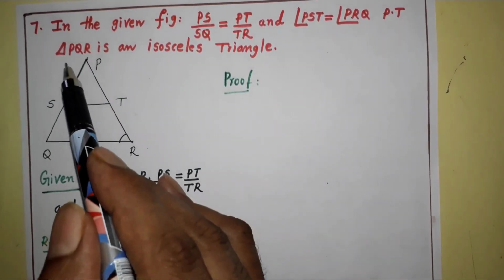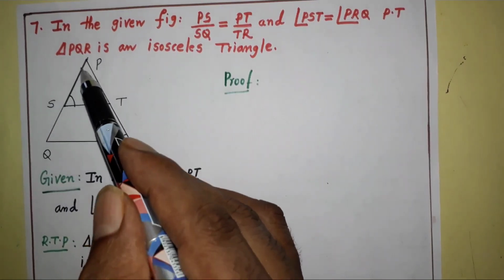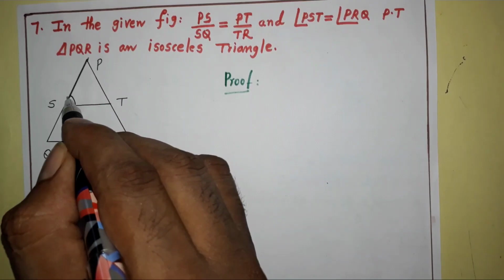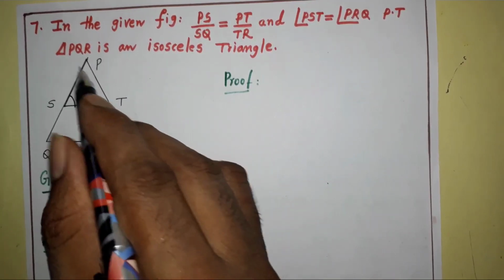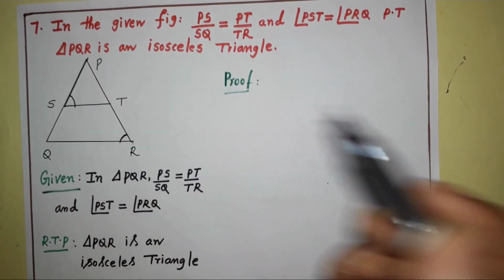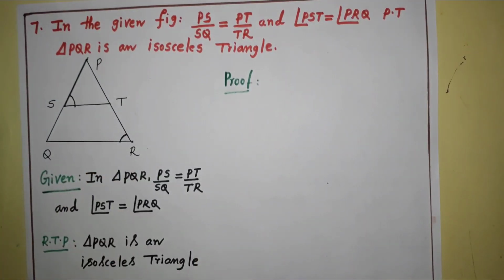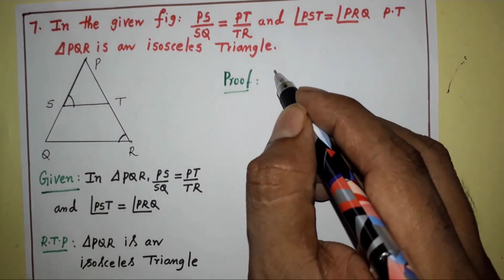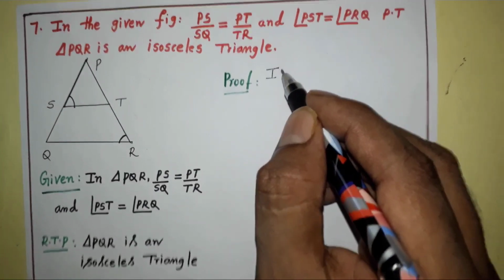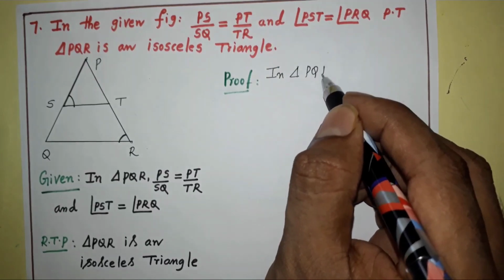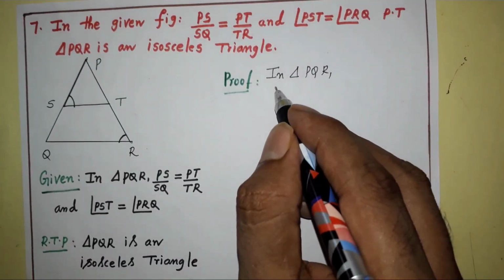It is given PS by SQ is equal to PT by TR and angle PST, this angle, is equal to angle PRQ. We need to prove triangle PQR is an isosceles triangle. First of all, you write in triangle PQR, what is given?